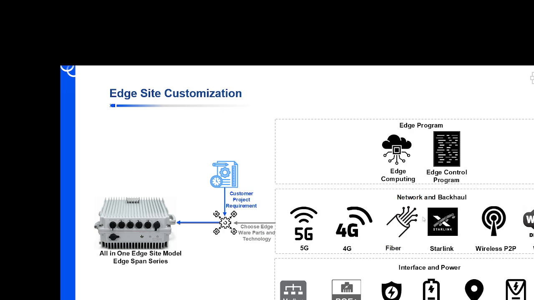We even did a Starlink version with our whole system, everything embedded with the Starlink PoE to provide power to the Starlink and make things simpler. I will explain that a little in other videos in the future. We have wireless P2P and Wi-Fi functions, and edge computing with the edge control program. We put everything together into an all-in-one system based on your request, to comply with your IoT solution and scenarios.